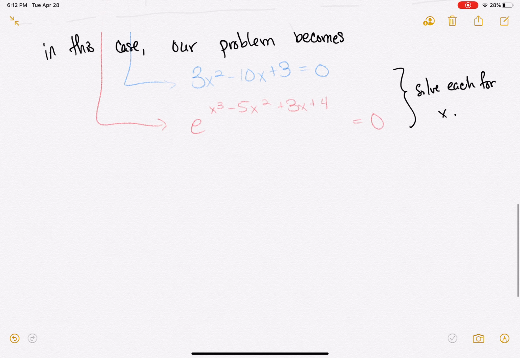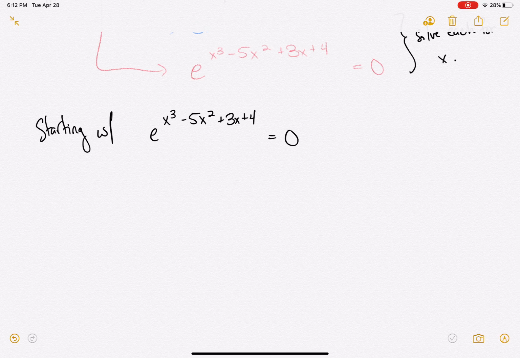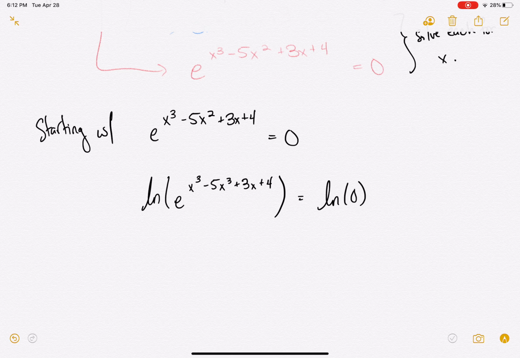So let's just start with this one, e to the x cubed minus 5x squared plus 3x plus 4 equals 0. We can take a natural log of both sides. That's naturally what you would do. Natural log of 0. But actually the natural log of 0 is negative infinity.